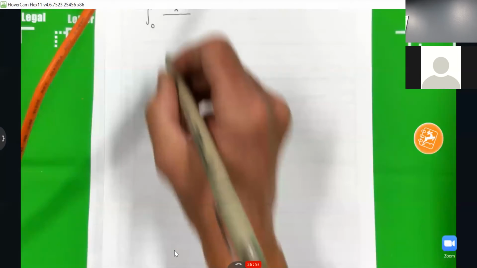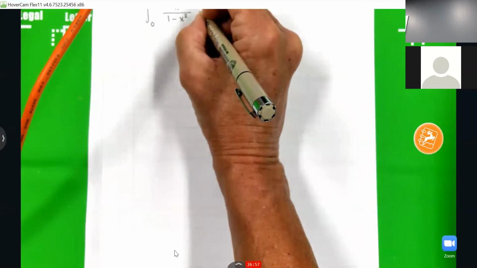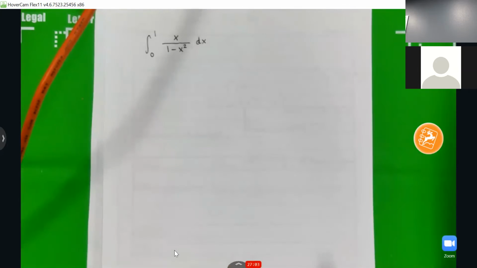Where'd it go? Can't see it at all, can you? That makes it hard to do.